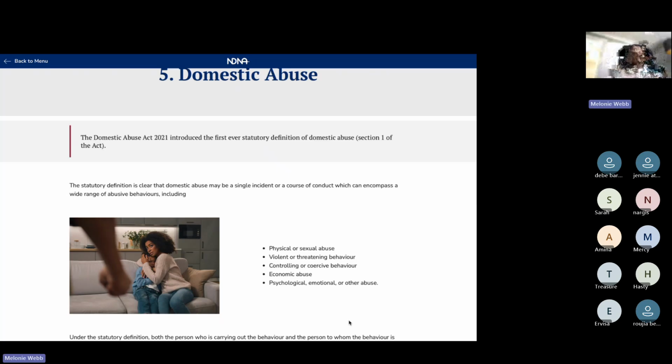And I know I've mentioned Shamima Begum, and I think she's quite a controversial character, but a lot of this legislation was put into place because of children like Shamima Begum who were trafficked and exploited for criminal reasons and sexual reasons also.